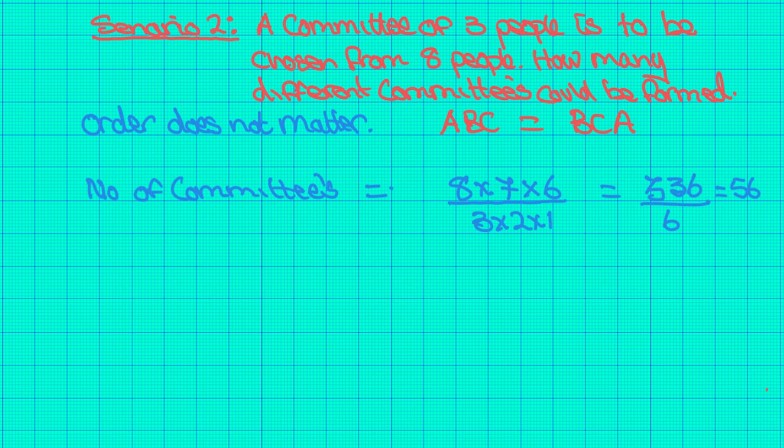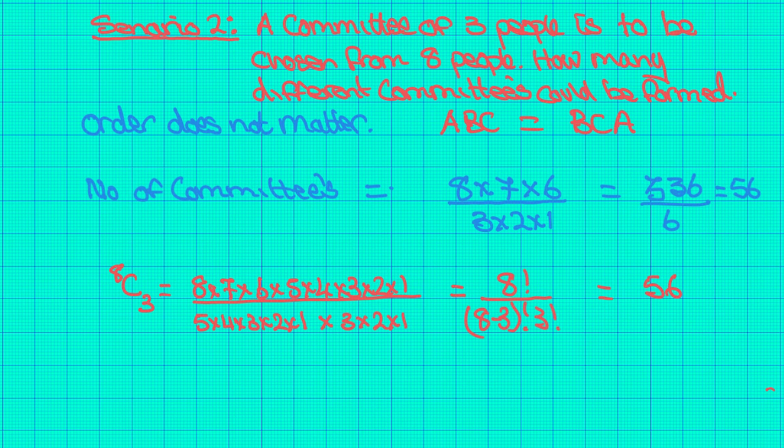So the number of committees is equal to 8 times 7 times 6, the ways you can pick the 3 people, divided by 3 times 2 times 1, the ways in which 3 people can be ordered, which is equal to 336 divided by 6, which is 56. So 56 different committees can be formed, choosing 3 people from 8.